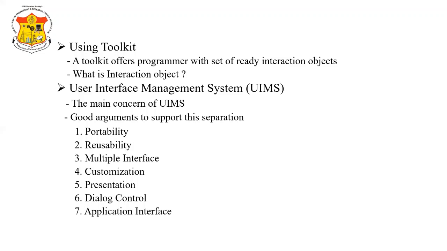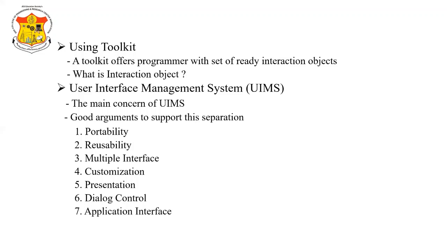Next, using user interface management system, that is UIMS. Toolkits are costly to create and are still very difficult to use by non-programmers. Even experienced programmers will have trouble using them to produce an interface that is predictably usable.